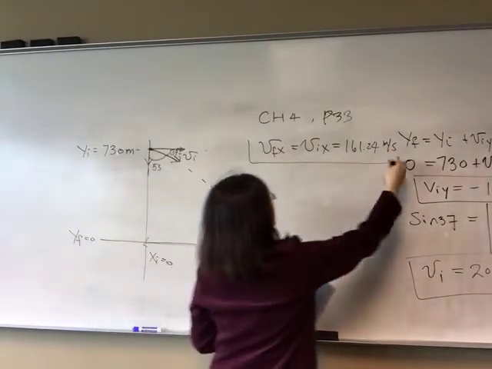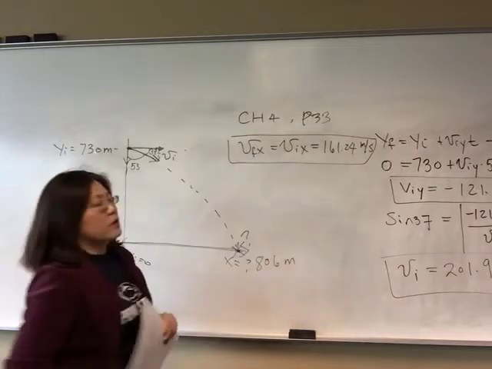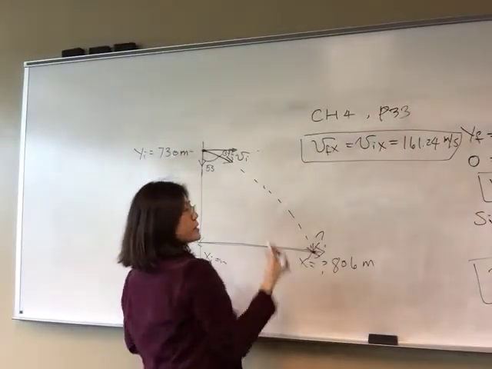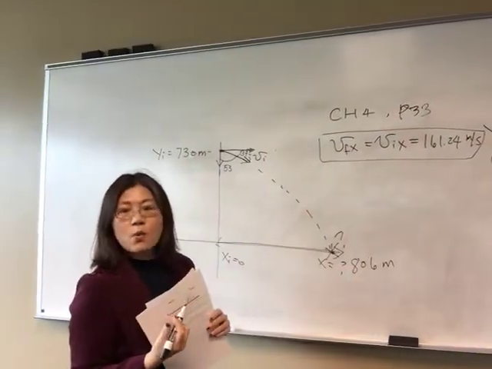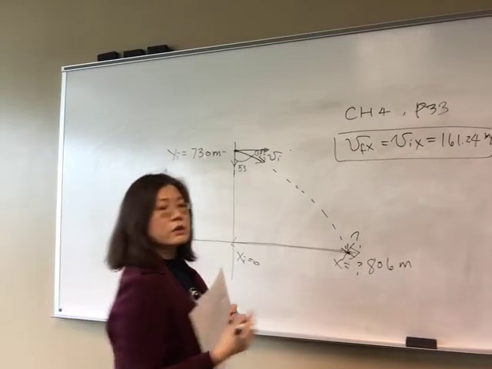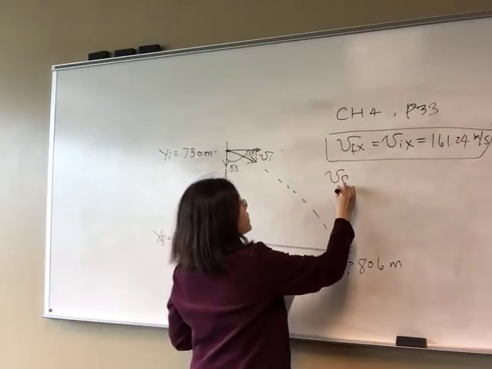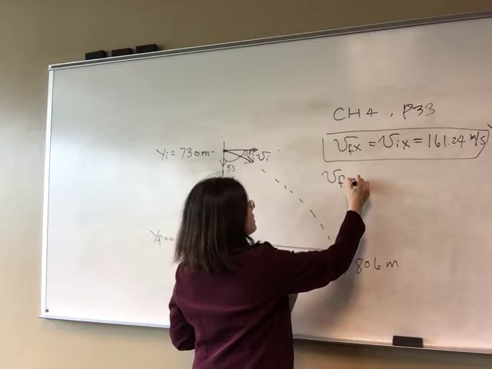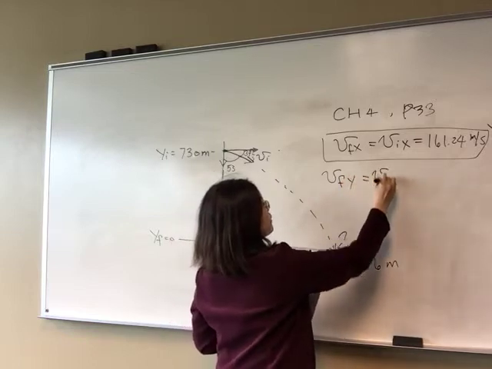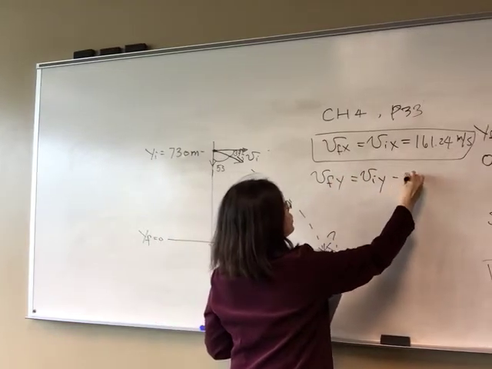What about the vertical? The vertical velocity, because it's subject to a negative downward acceleration, the final velocity in the vertical direction is equal to the initial velocity in the vertical direction minus gt.